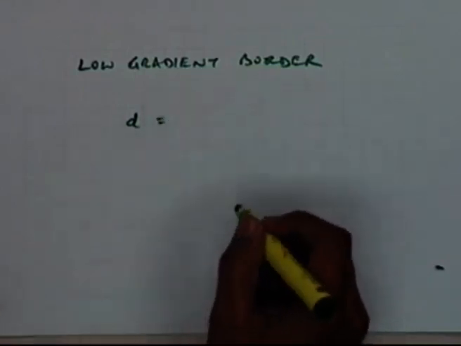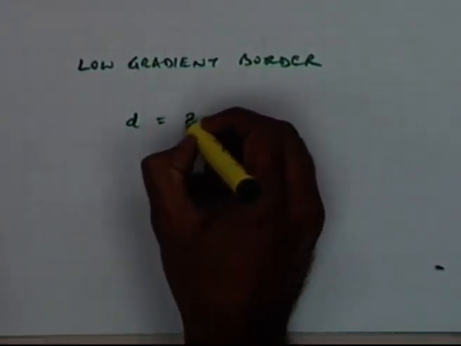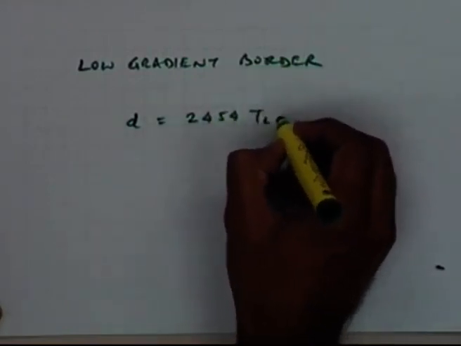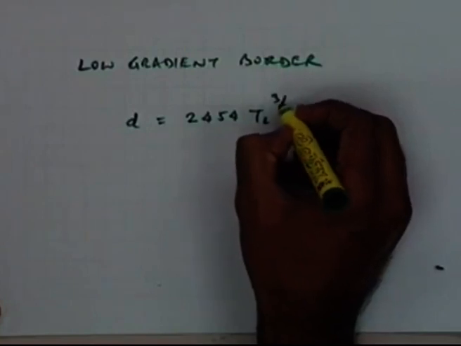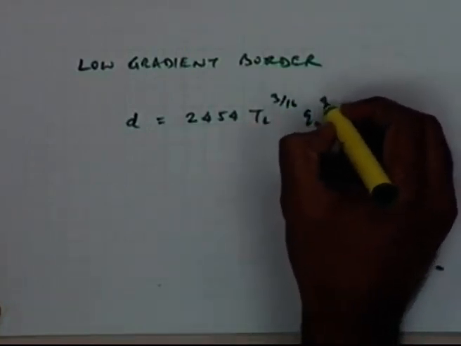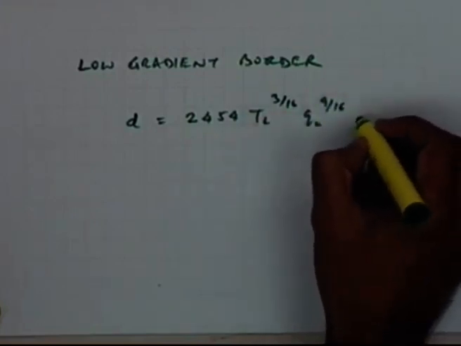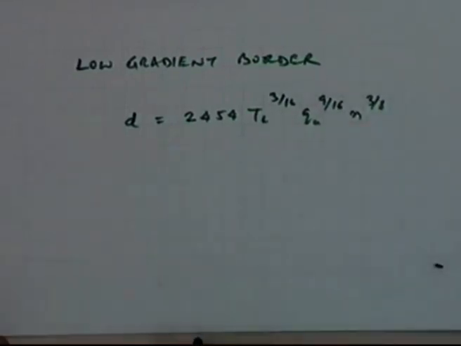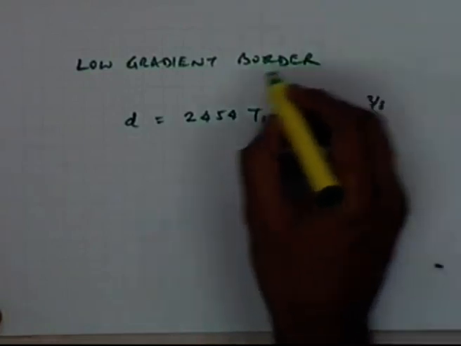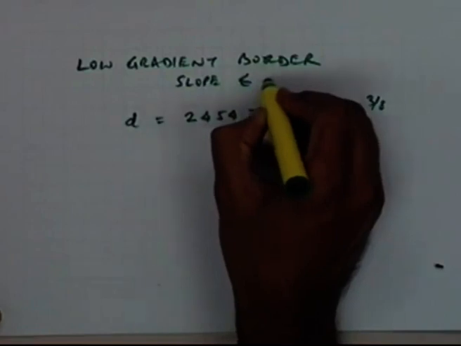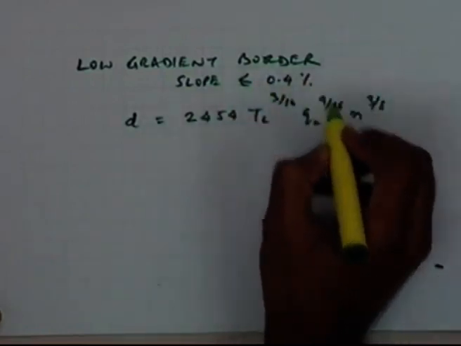The depth at the upstream end is given by this relationship. So this is the case when the slope is less than or equal to 0.4%.